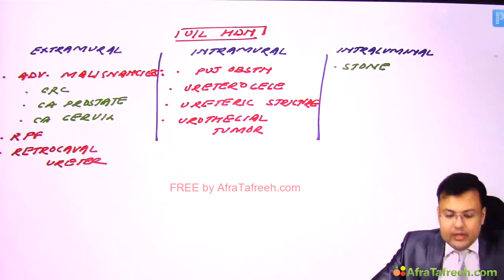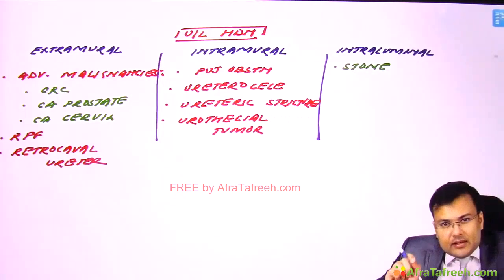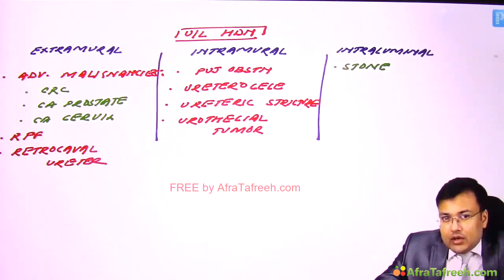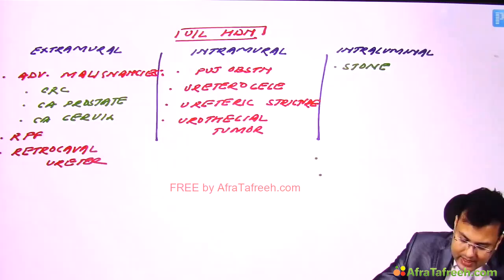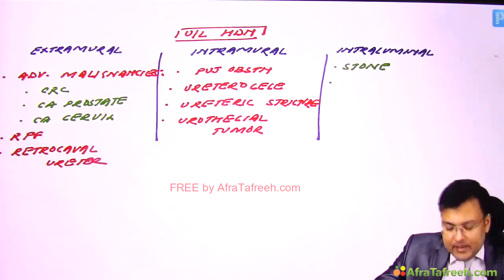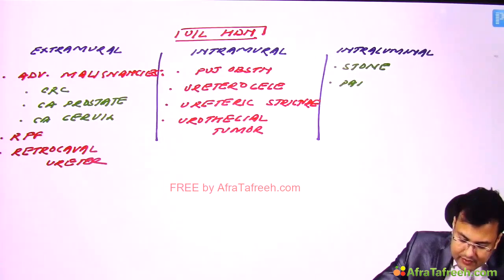Sometimes there is papillary slough inside the lumen. And what are the causes of papillary slough? There are many causes, but which are asked in exams: one is analgesic nephropathy and the other is sickle cell anemia. So there is presence of papillary slough. Clear?